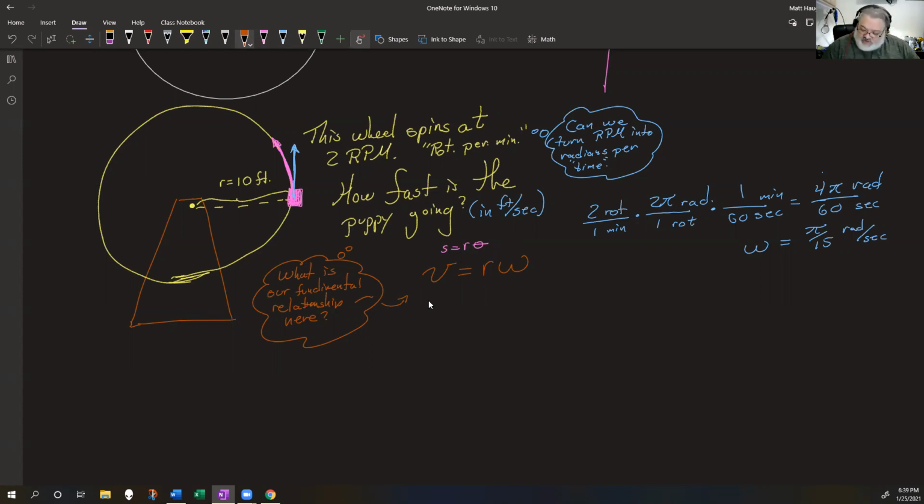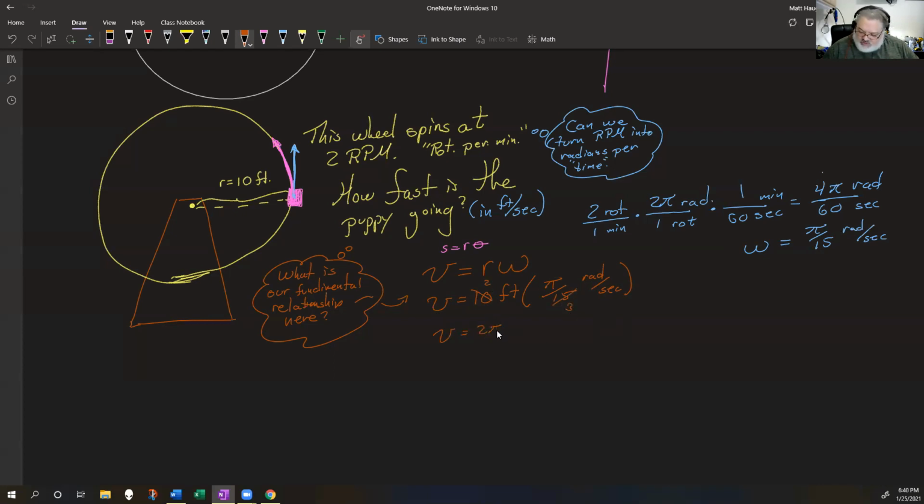So that linear velocity is literally just our 10 feet times our pi over 15 radians per second. Not quite sure why I'm writing everything's units on it. Probably just because we've done dimensional analysis, so I feel like I should. Those are going to reduce nicely.